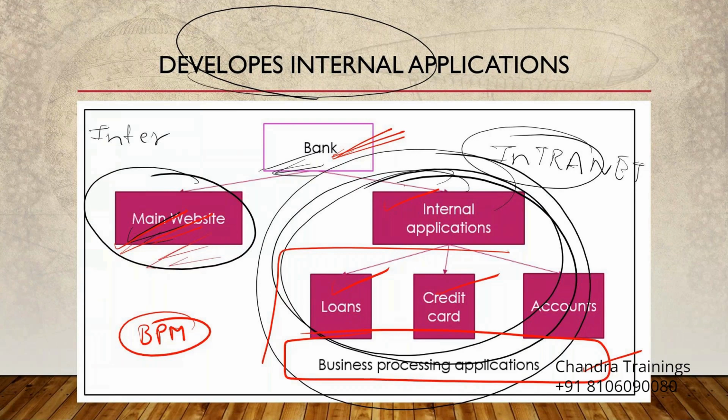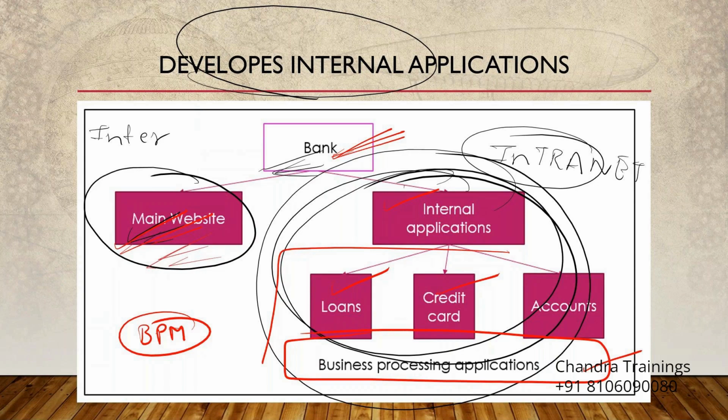All this might be developed on Pega, but if the main website is developed with Pega, it will be license-wise costly. Pega license depends upon the number of users and number of request IDs. You'll come to know about this in coming classes again. So based on license issues, Pega is not used for developing main websites.